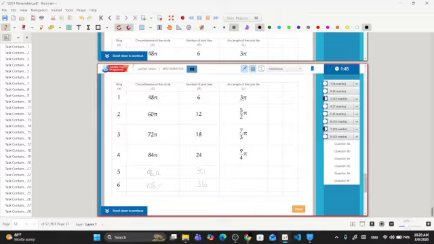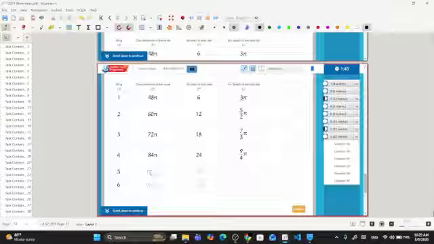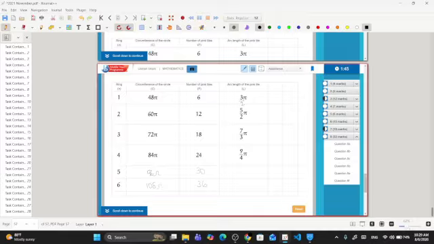Not so sure. Okay, instead of 3, let me write this as 3 over 1. Now have a look. Try to decode the pattern. What's happening to the numerator and what's happening to the denominator?